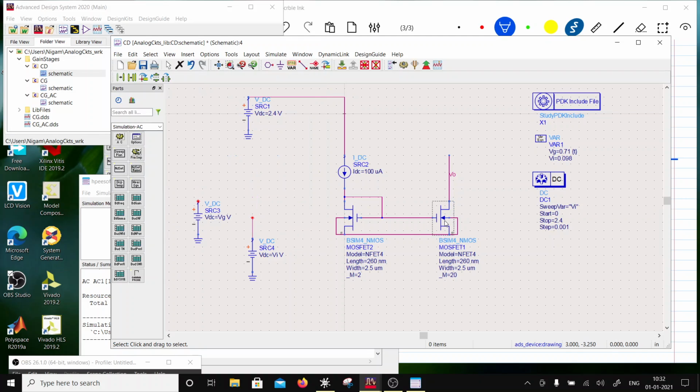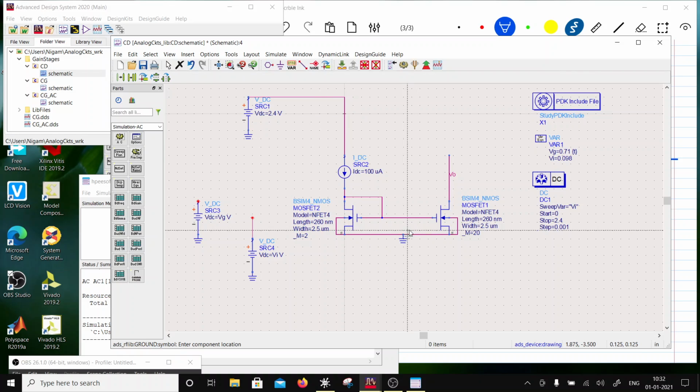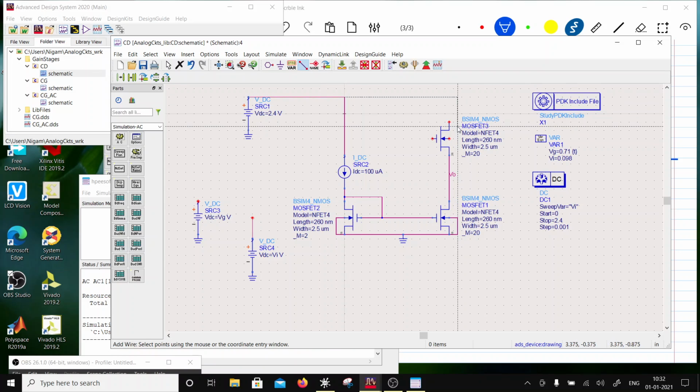So still there is a 1:10 ratio. That's one over here, and this part is grounded. Now I'm going to have the same device, which I'm going to repeat at the top. Okay, so let's see what has happened.